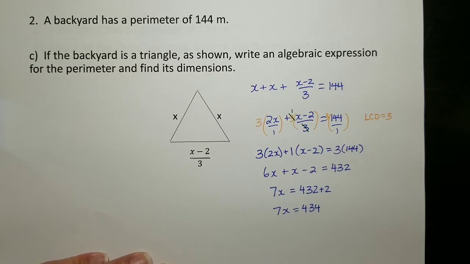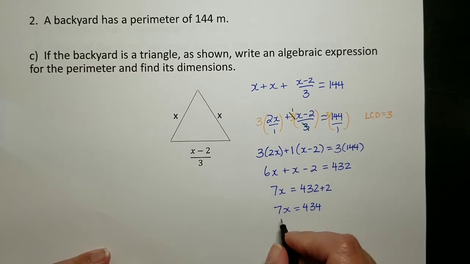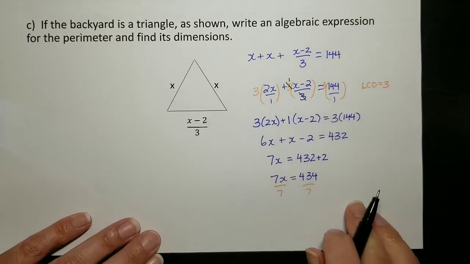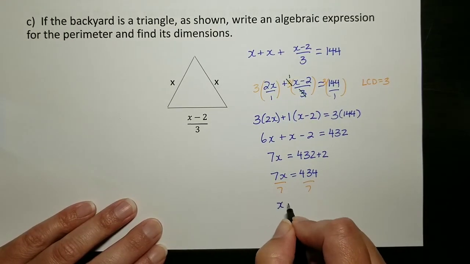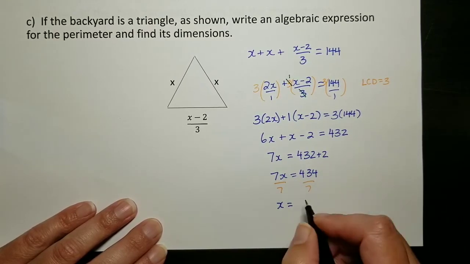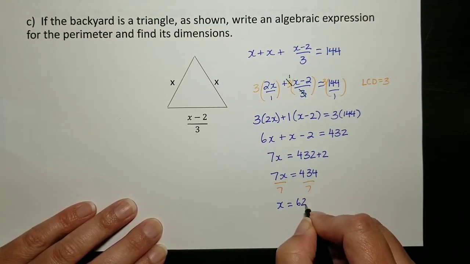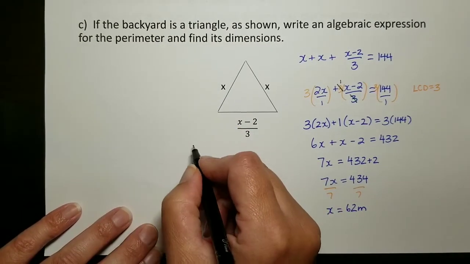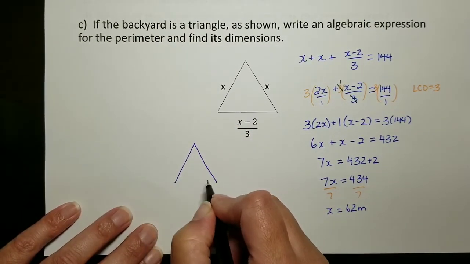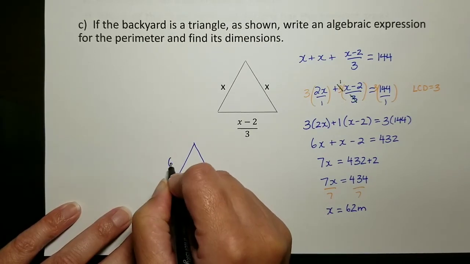If I divide by 7 on both sides, here I would have x equals 62 meters. So the two sides of the triangle here are going to be 62 and 62 meters.